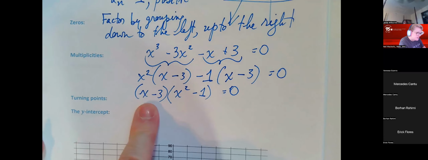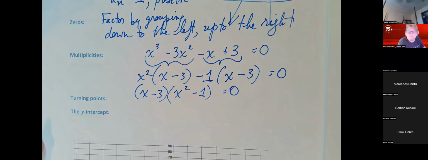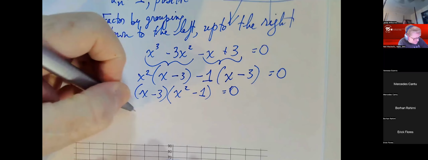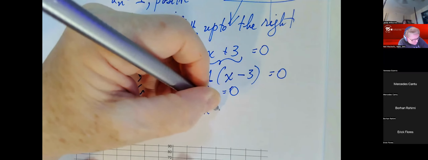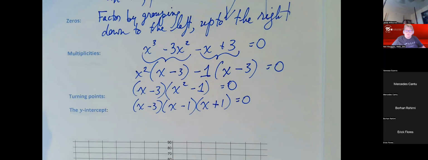Can we factor x minus 3 anymore? What about x squared minus 1? Can we factor that anymore? Yes, sure. That's the difference of two squares. So it'll be x minus 1 times x plus 1. And now we're completely factored.